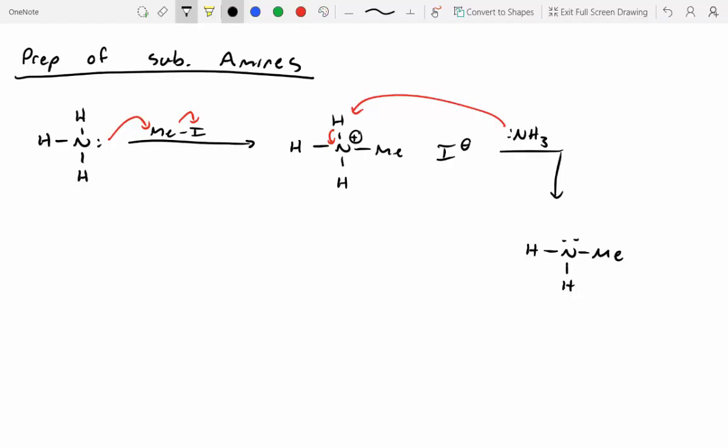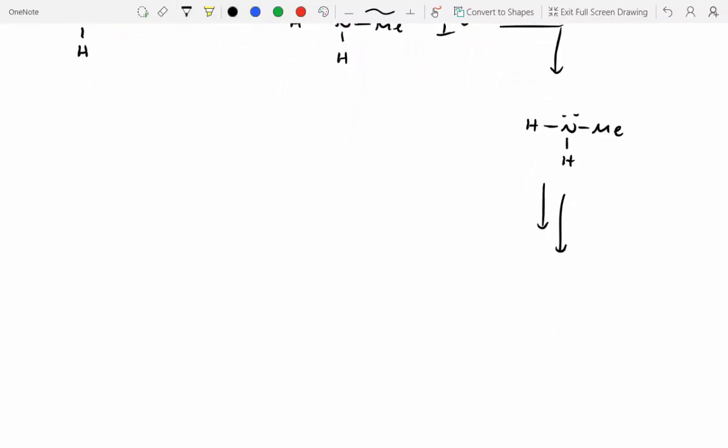The other problem is as soon as you form this, you will also end up over-alkylating it. And it's really, really hard to stop at just one alkylation. So what this is called when you end up at your quaternary ammonium salt is exhaustive alkylation.